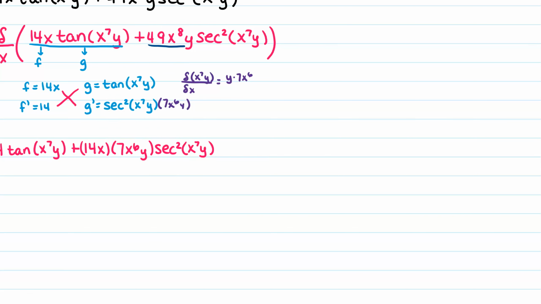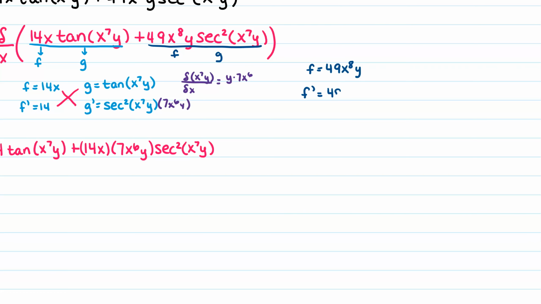So now we have to do the derivative of this guy. And again, with respect to x, these are two separate functions. This is my f function and my g function. So if my f function is 49x to the 8th y, and we want the prime of that, we're basically taking that with respect to x. So y is held as a constant.